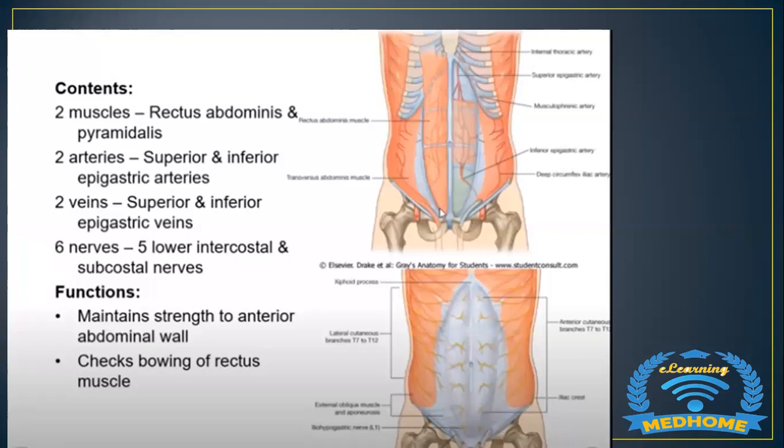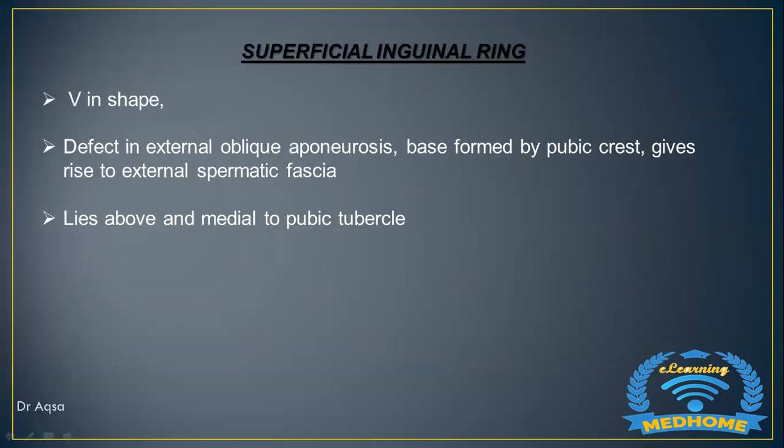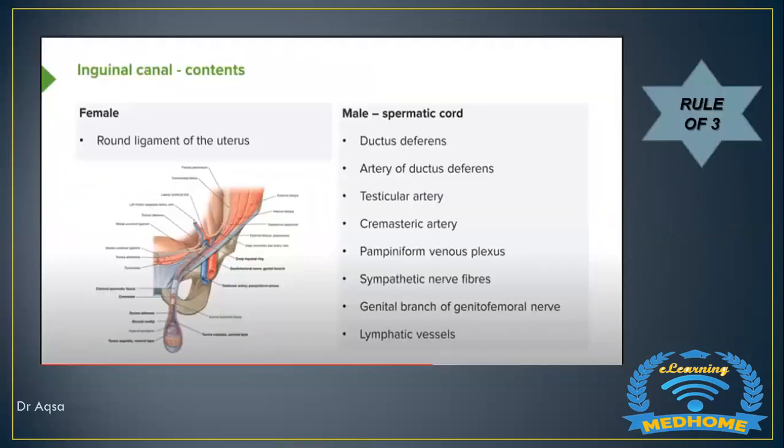Okay. And what's the rule of 3 for inguinal canal? For the inguinal canal, in the females, we have the round ligament of the uterus, while in the male, what we include is the spermatic cord. 3 arteries were the testicular artery, cremasteric artery, and the artery of ductus deferens.